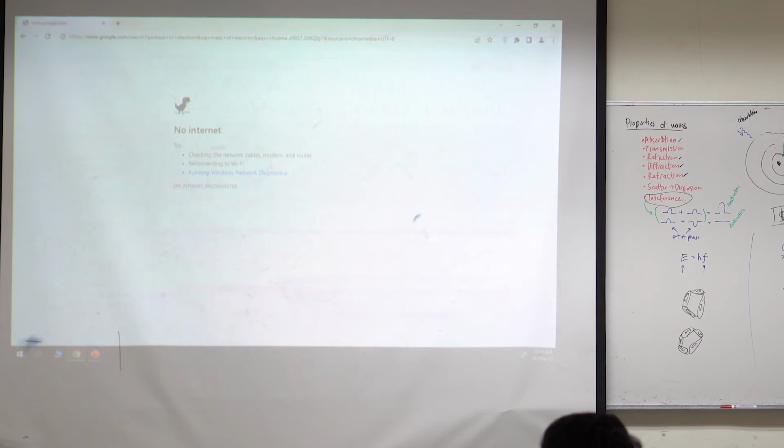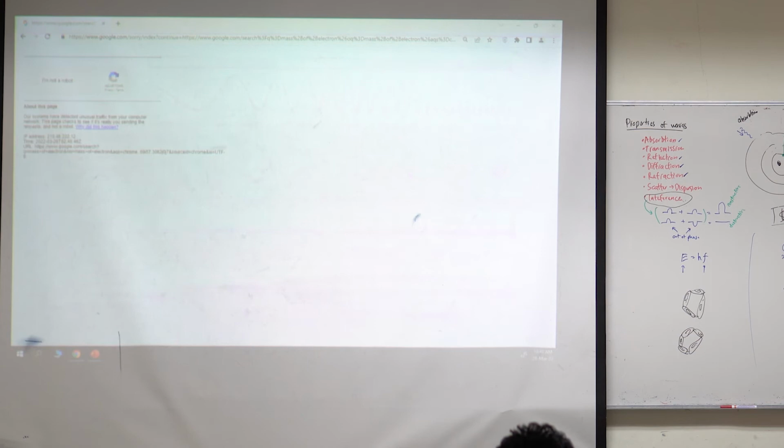So if this electron moves, let's say we don't go very fast, we go maybe just 2% of the speed of light.